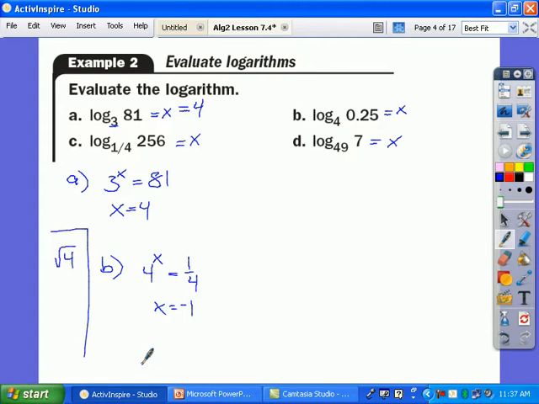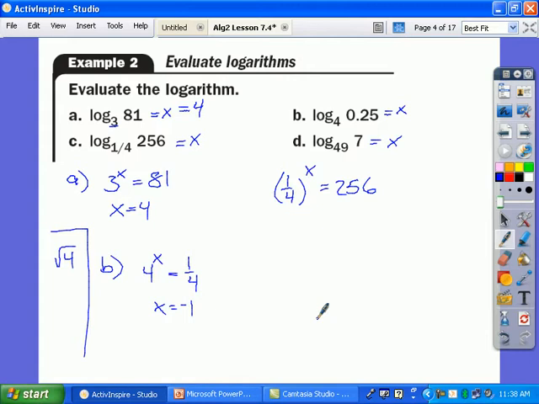So 1/4 to the x power equals 256. I know x can't be positive, because if x is positive, it's just going to give me a smaller fraction. The bigger the x value is, the more positive it is, I'm just going to get a smaller and smaller fraction. That's not what I want. So to flip the fraction, I know my exponent had better be negative.